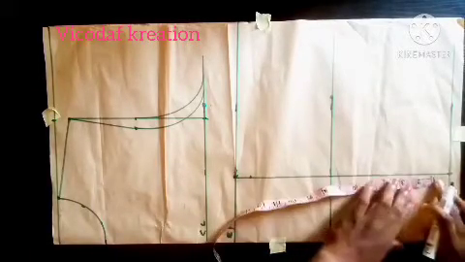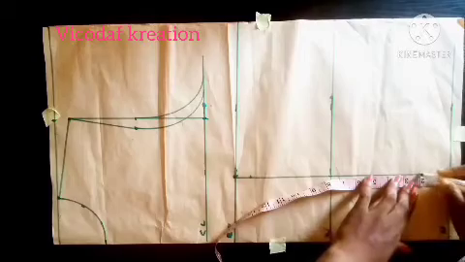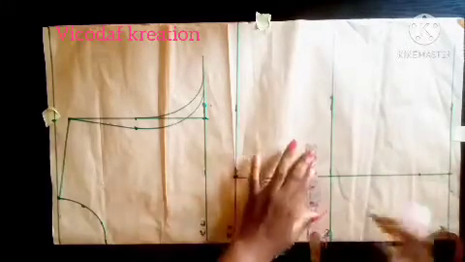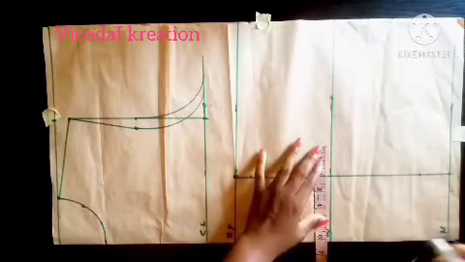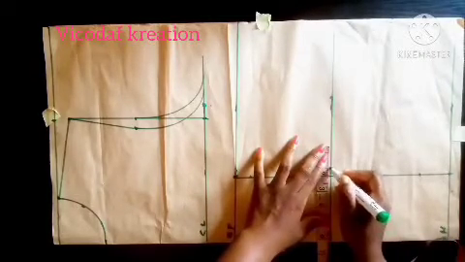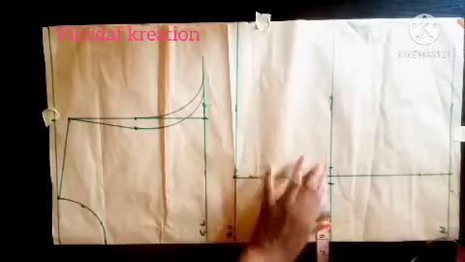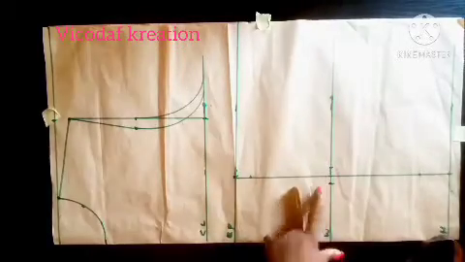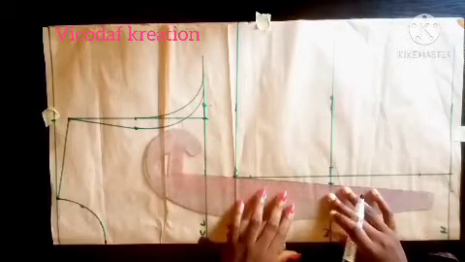And on the hip line, I'll come up by 2 inch. Our dart is always terminating 2 inches before the hip line. So on the waistline, I'm measuring a half inch. Then I will connect it to the 1 inch.